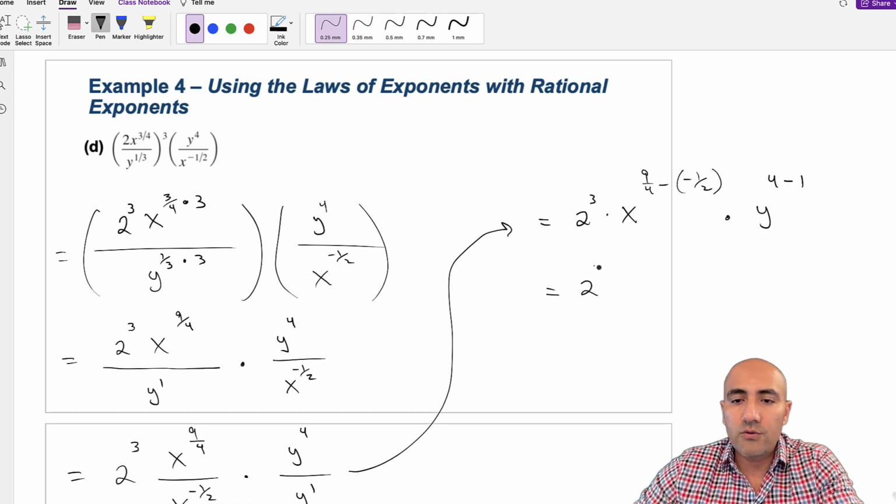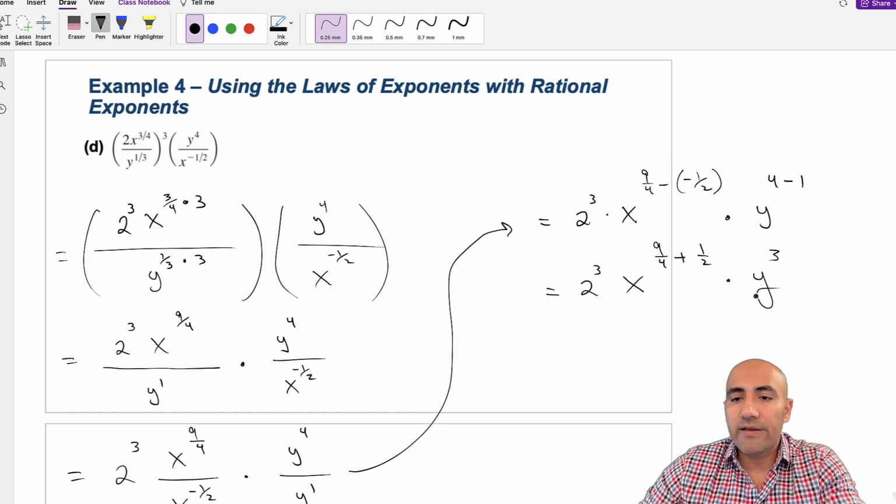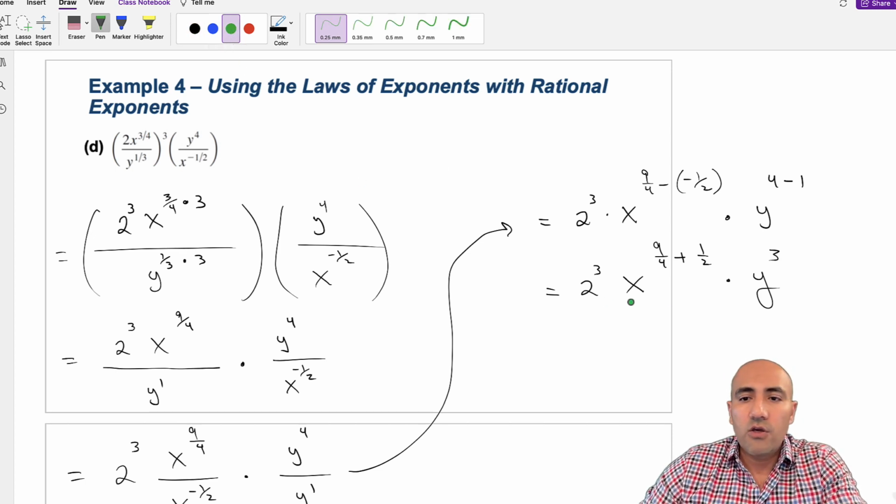Almost there. This is 2 to the 3rd power, x to the, and then we have a subtraction of a negative that turns it into a positive, 9/4 plus 1/2. Times y to the 3rd power, 4 minus 1 is just 3. Here's the first time we run into this situation. We have a little addition of fractions in the exponent, but up to now we've always had common denominators already given to us. So this is the first time we're going to have to manipulate this a little bit.